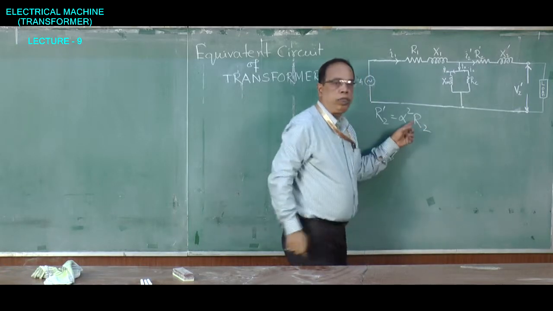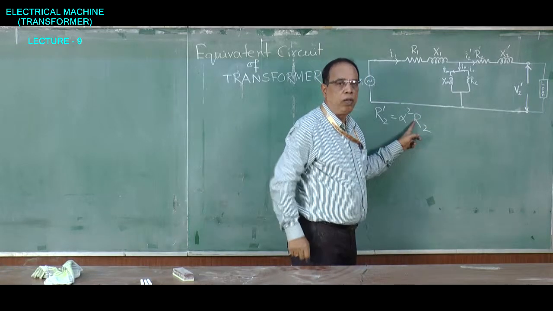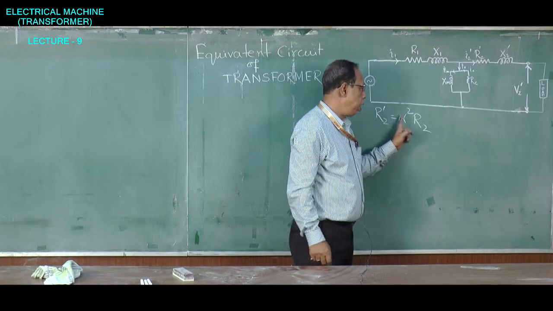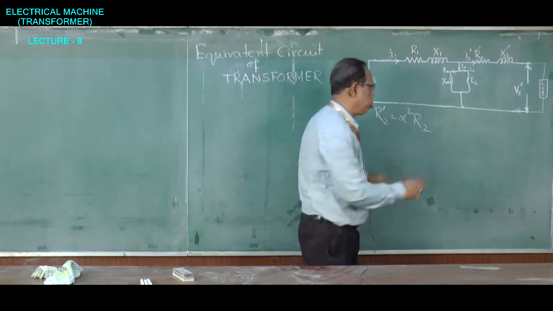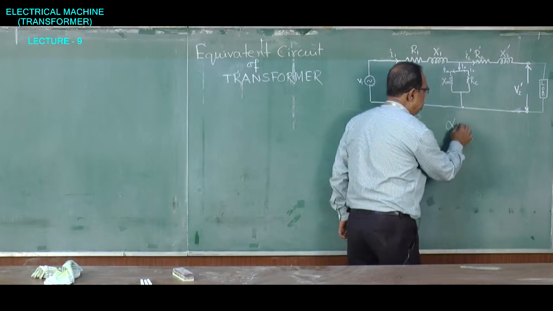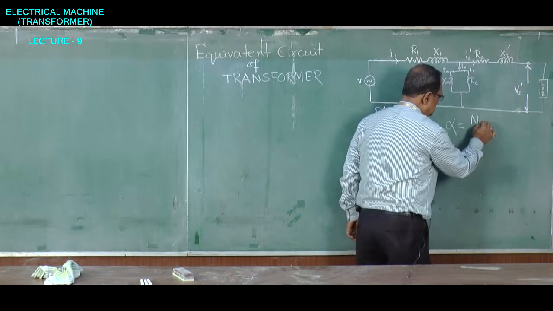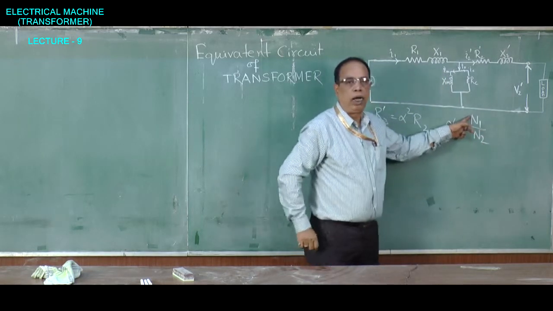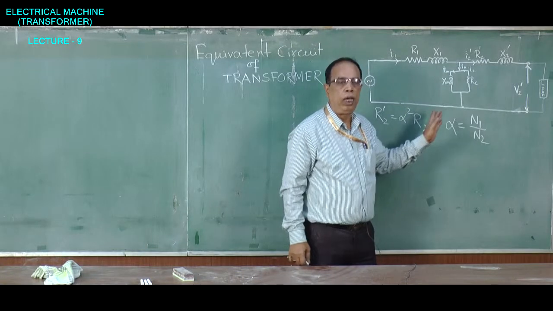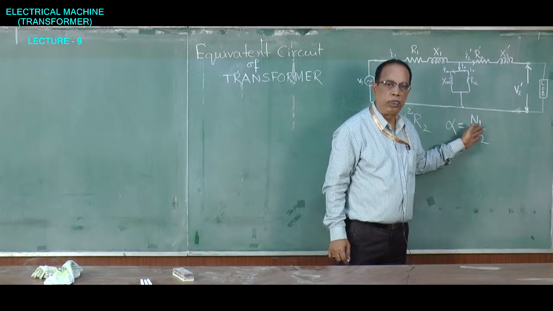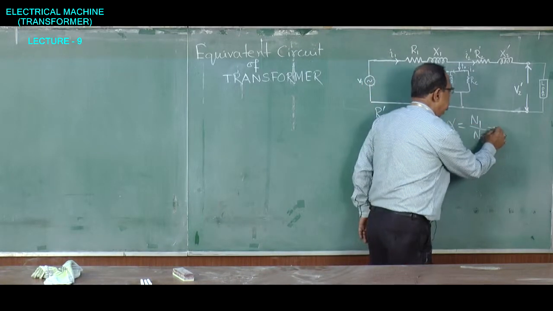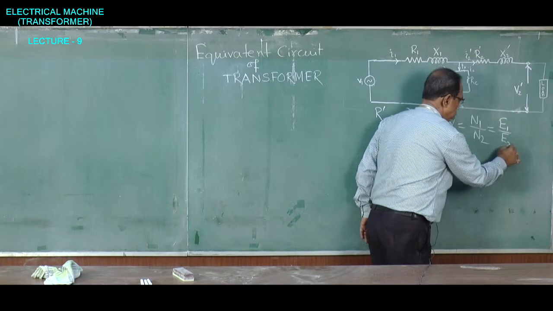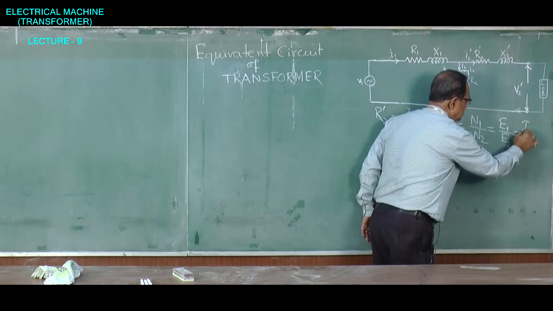R2 is the resistance of the secondary, and when it is referred to the primary it becomes R2 dash, multiplied by alpha square, where alpha square is the turns ratio, that is N1 by N2, where N1 is the number of turns of the primary and N2 is the number of turns of the secondary, which is in turn equal to E1 by E2 and I2 by I1.